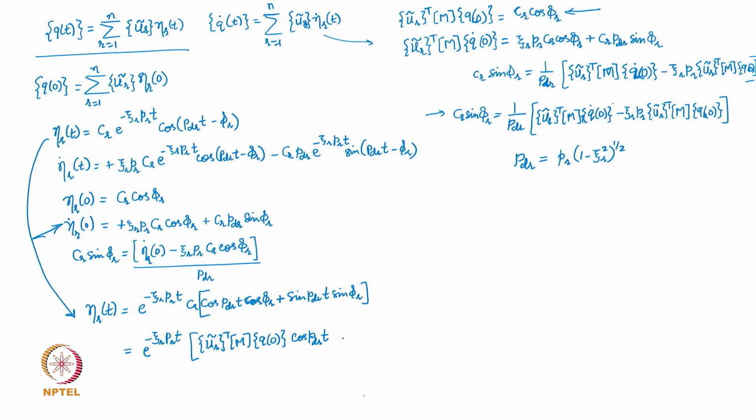That is your damped natural frequency. So this is one time function, and then plus you have C_r sin phi_r, which is given by this expression, which can now be written as 1 over p_dr, multiplied by U_r tilde transpose M q_0 dot minus zeta_r p_r U_r tilde transpose M q_0, and then multiplied by sin p_dr t.